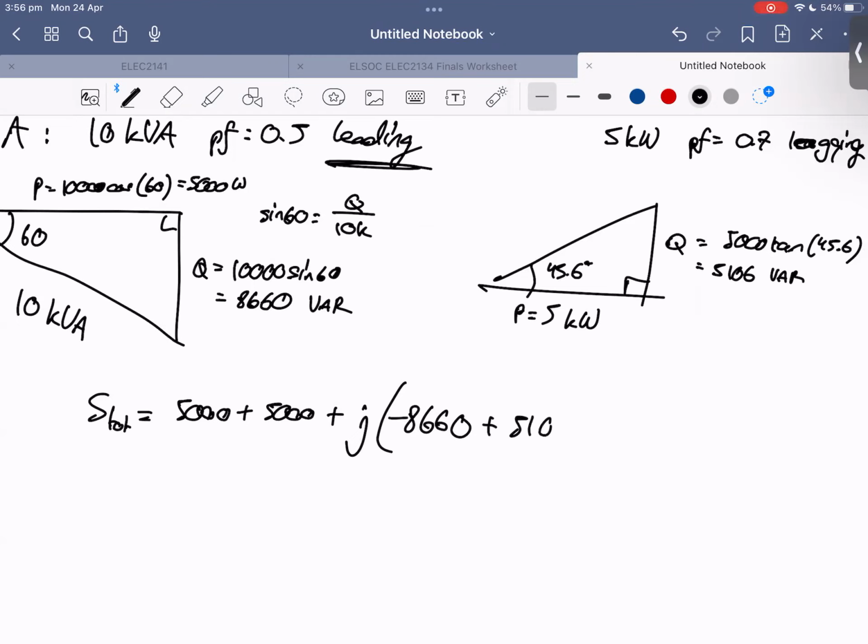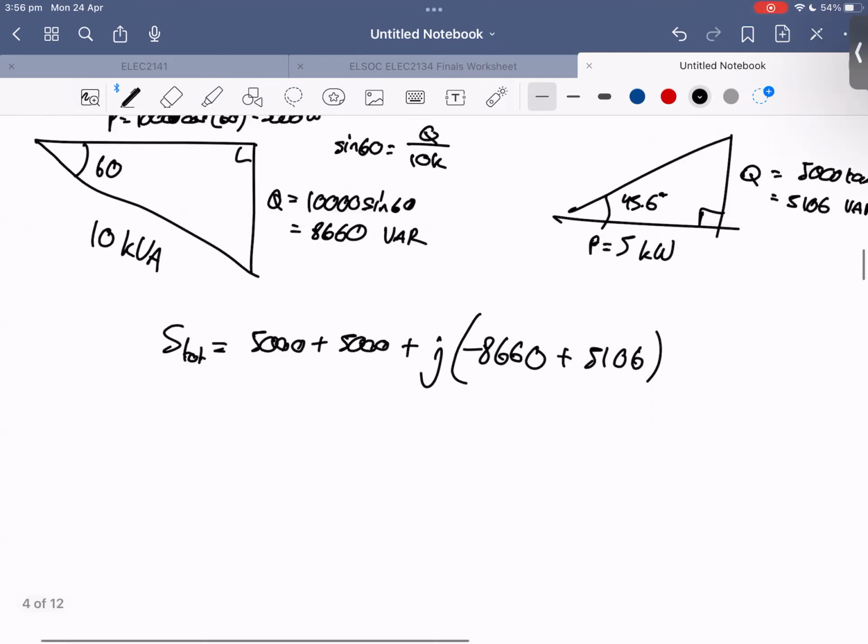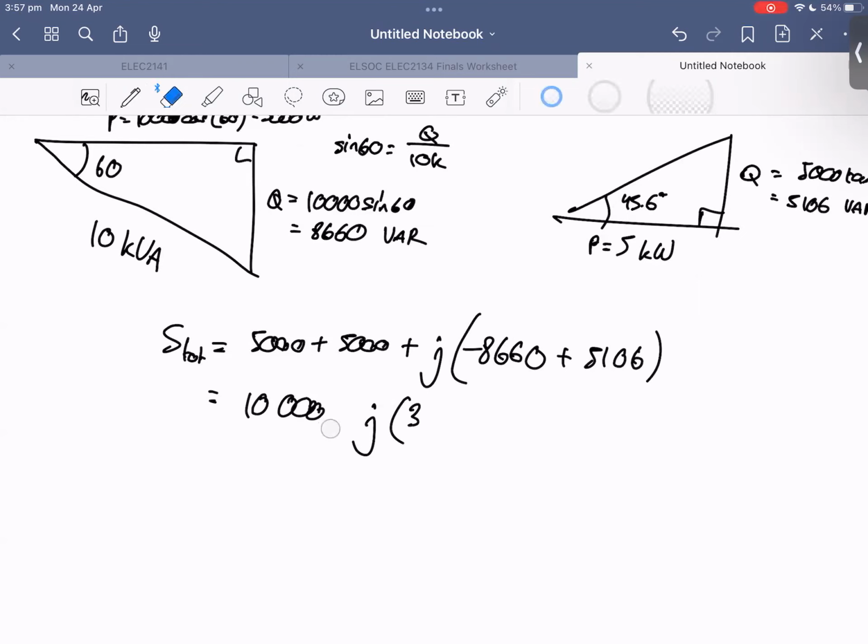plus 5,106. So that gives me 10,000 plus j, and this gives me, oh, it's negative. So negative 3,554. Yeah, and that's in volts. Oh, sorry, that's apparent power.